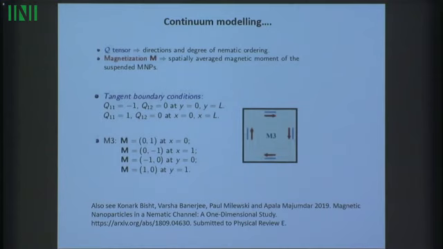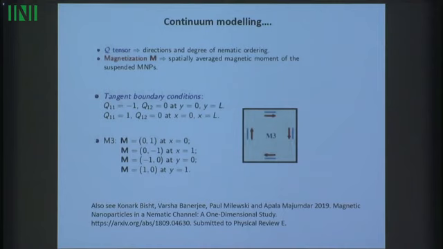And we're not assuming any constant length constraint. So we have a reduced two-dimensional Q-tensor to describe the nematic order, and a 2D vector to describe the average magnetization. We are working with a nice square domain. We are imposing tangent boundary conditions or planar boundary conditions on the nematic molecules, which just means that on the square edges, the nematic molecules want to be tangent to the edges. So this is consistent with everything that I have presented so far.